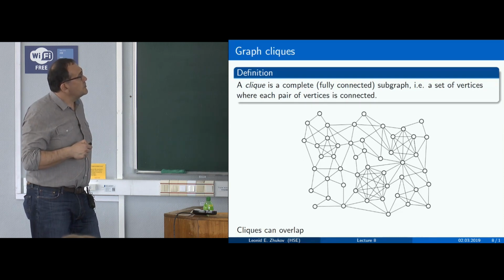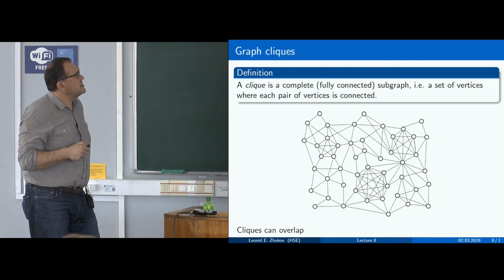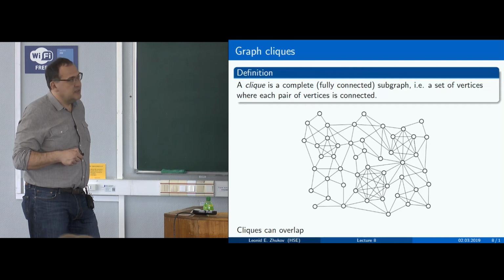So there are slight differences here. There's a maximal clique, a clique that cannot be extended by including one more vertex. And the maximum clique is the largest out of the cliques. So this one is a maximal clique because if I take the 3rd node and extend it, it's not a clique anymore, because this node is not connected to this.